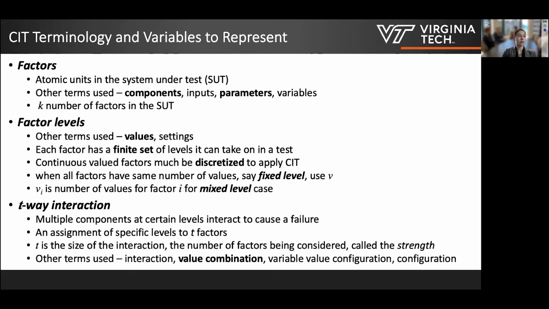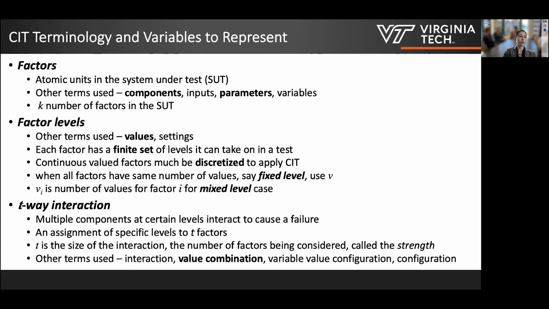And then a T-way interaction. We know that multiple components at certain levels can interact to cause a failure. So a T-way interaction is an assignment of specific levels to T factors. T is the size of the interaction, so it's the number of factors being considered at a time. And another word used for T is the strength.